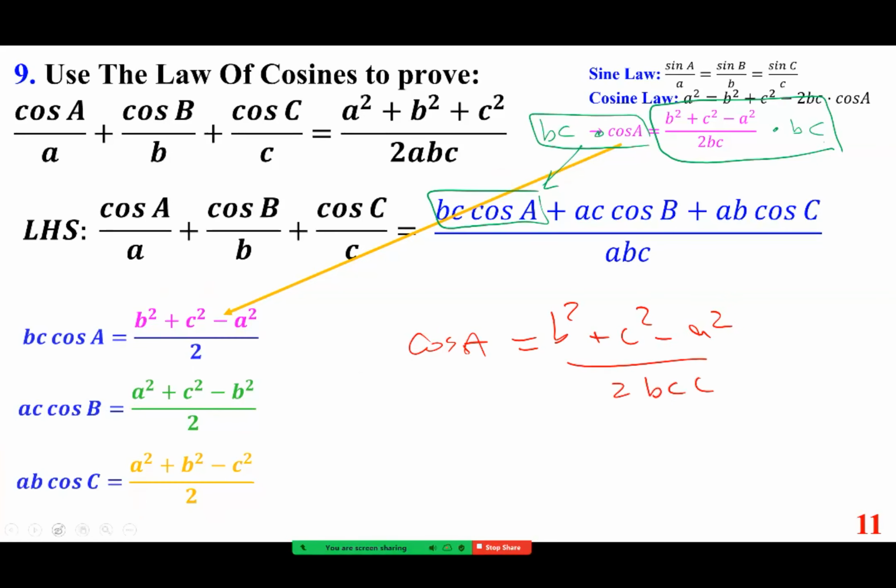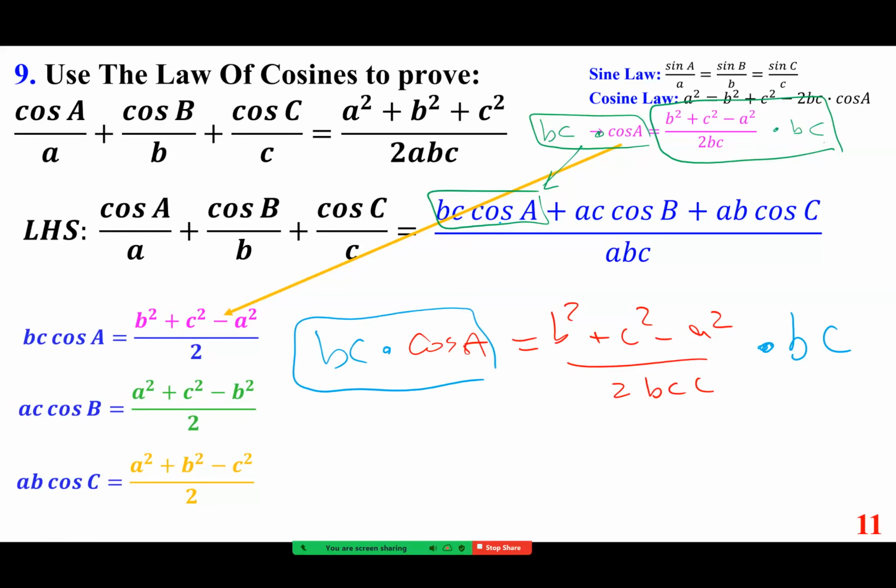Okay, if I multiply this by just BC, why BC? Because I want to get this one.